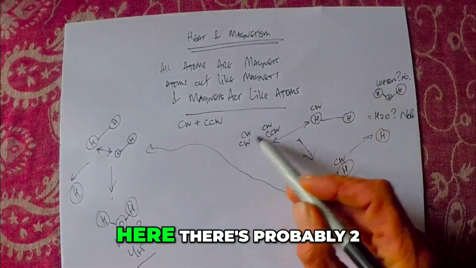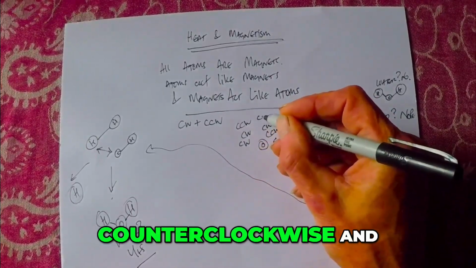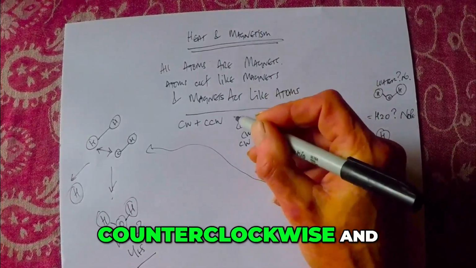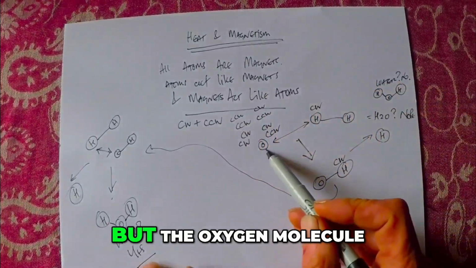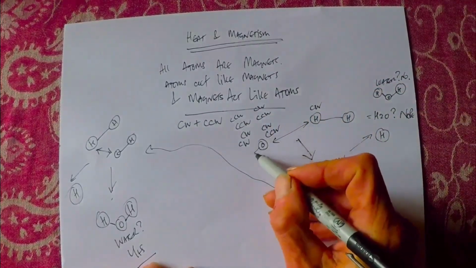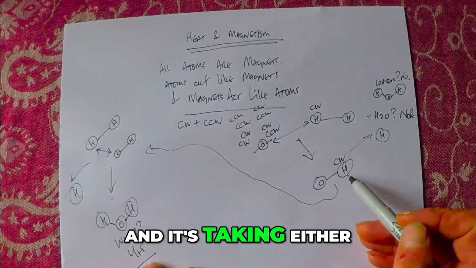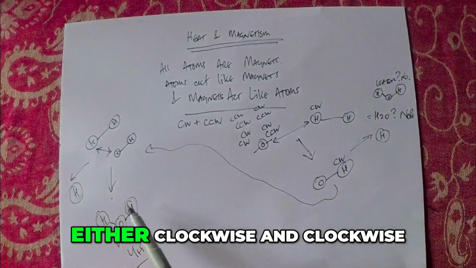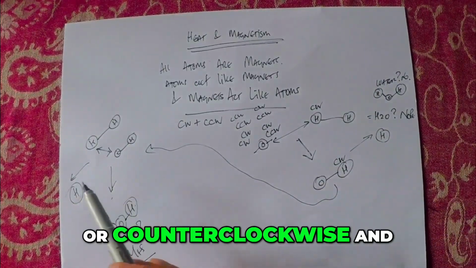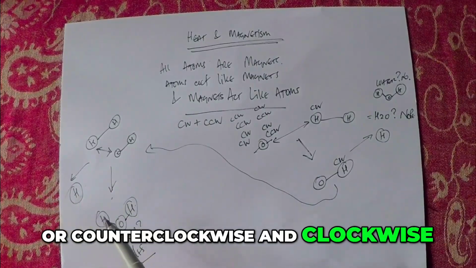So there's a difference here. There's probably 2 more, might even be counterclockwise and counterclockwise, and counterclockwise and clockwise. But the oxygen molecule has 2 vortices, and it's taking either clockwise or counterclockwise, and then it's making either clockwise and clockwise, or counterclockwise and counterclockwise, or clockwise and counterclockwise, or counterclockwise and clockwise.